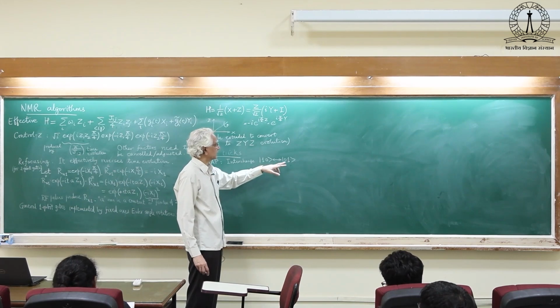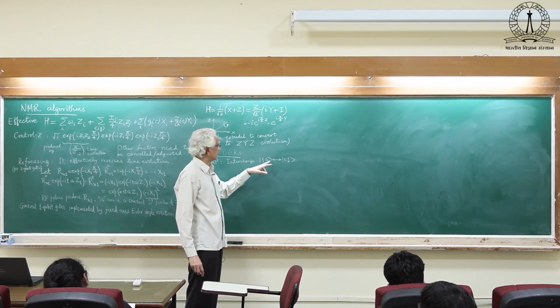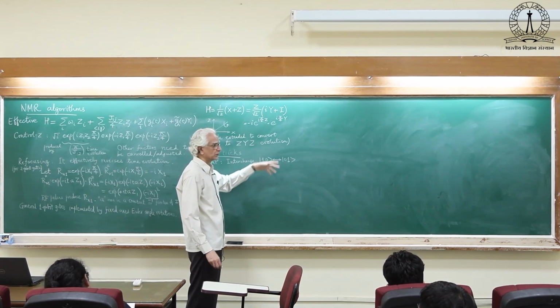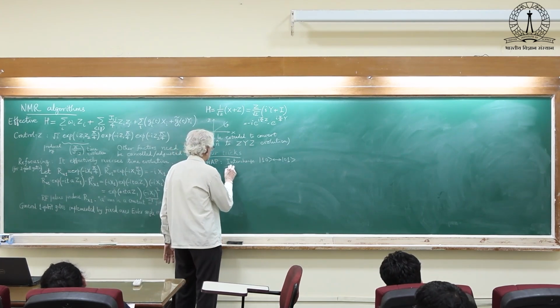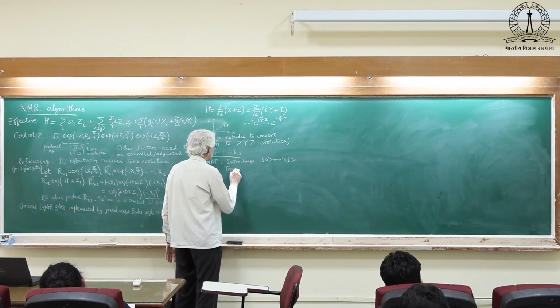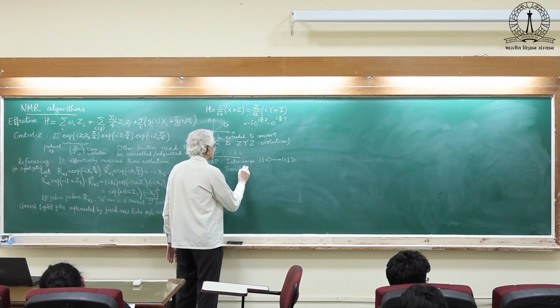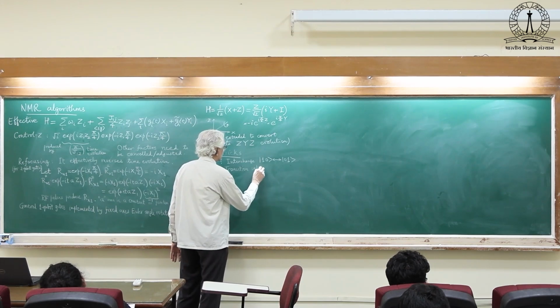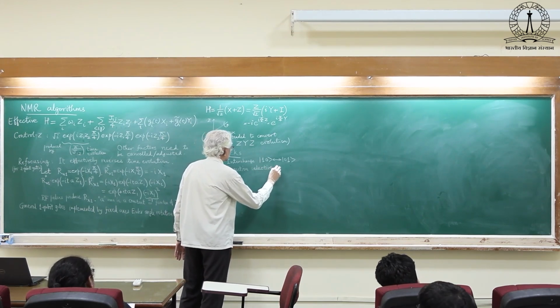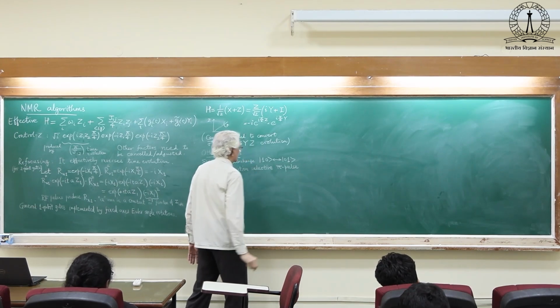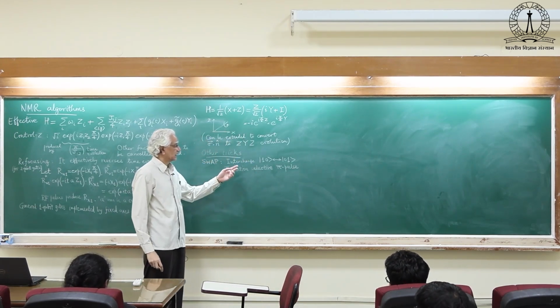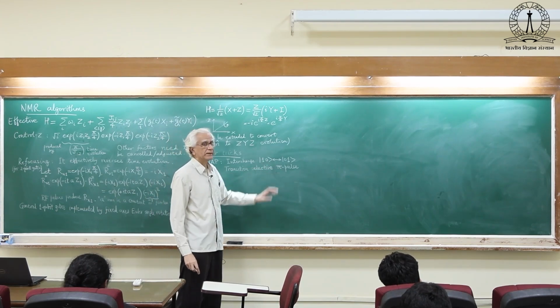This state goes to this state while the 00 and 11 components don't change. So this is an operation which can be performed by a transition-selective pi pulse.